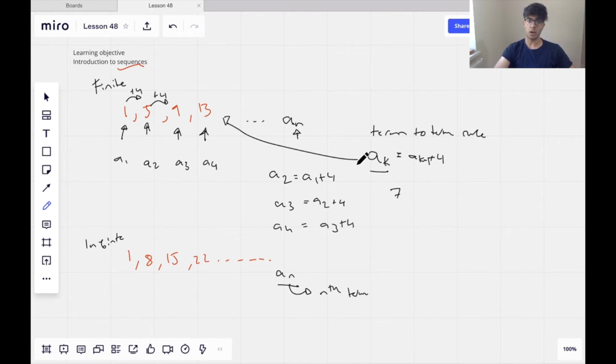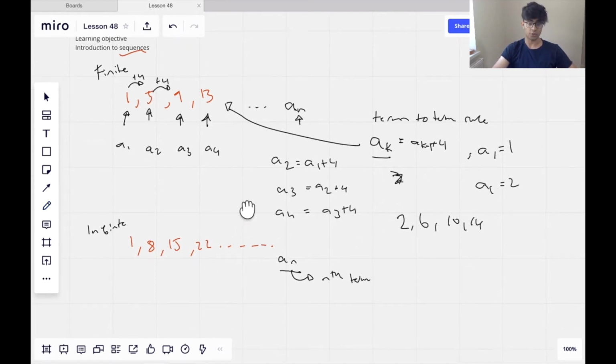So you can see why you need to specify what the first term is. So you have this term-to-term rule, but you also specify what A1 is. So you say A1 is 1. But if we had A1 as, say, 2, we'd have a completely different sequence to this. We'd have 2, 6, 10, 14, which is obviously different to this.